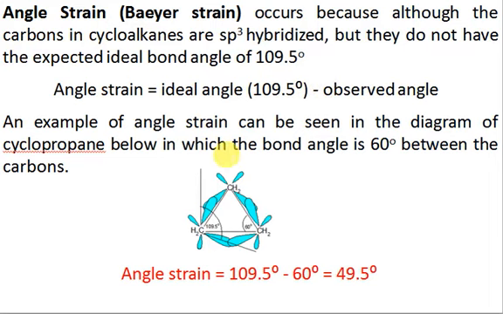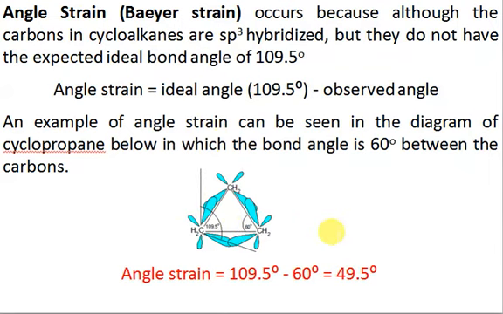For example, in the case of cyclopropane, the observed angle is 60 degrees. The angle should have been 109.5 because the carbon is sp3 hybridized, but the observed angle is not 109.5, it's 60 degrees. So you can calculate the angle strain: 109.5 minus 60 degrees is 49.5 degrees. So we say that cyclopropane is strained by 49.5 degrees.